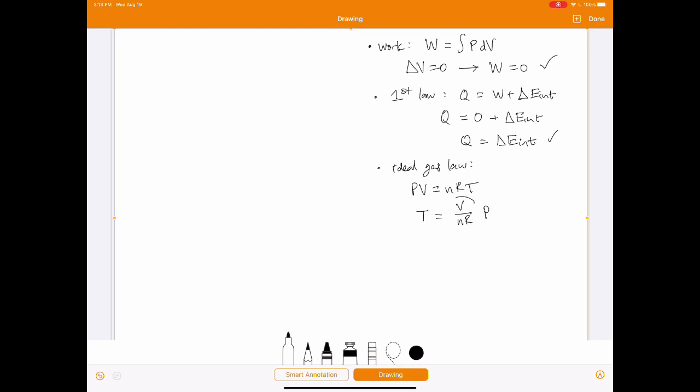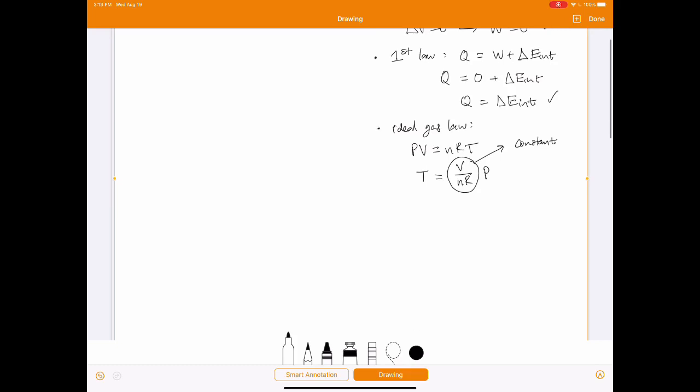And what I want to do is circle these constants right here, because V, which is the volume, n, the number of moles, and R, the ideal gas constant, these are all constants. So that's just one big constant. In other words, the temperature is directly proportional to the pressure when we have a constant volume process. So delta T is just going to be that same constant, V divided by nR, times delta P.